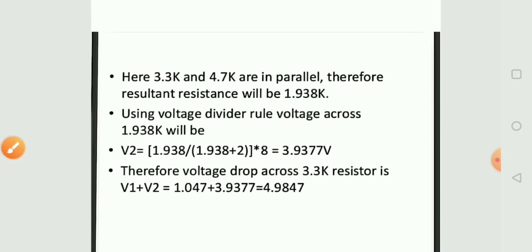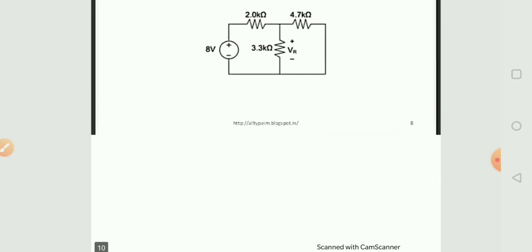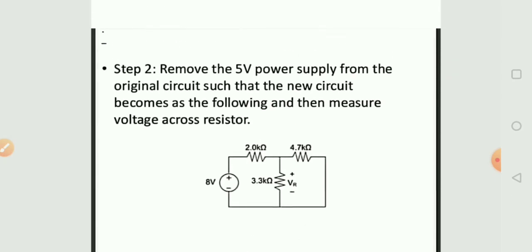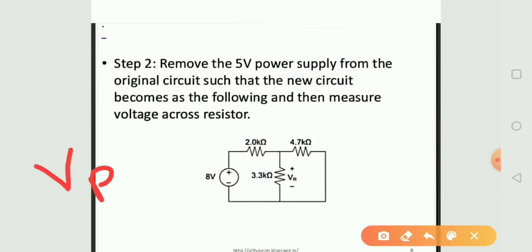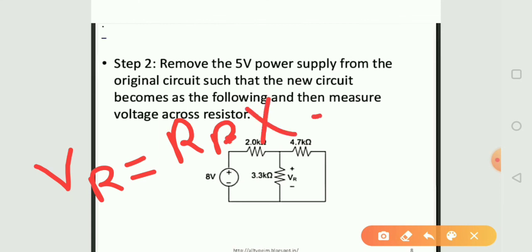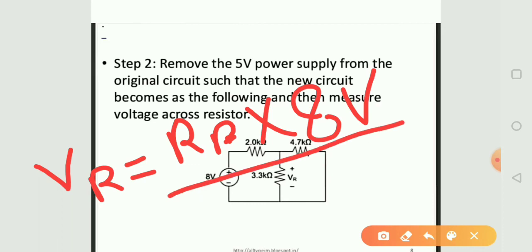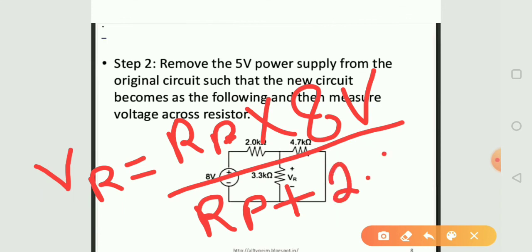Using the voltage divider rule for this branch, the value of VR equals the parallel resistance across 3.3 kilo ohm and 7.7 kilo ohm, multiplied by the 8 volt source, upon the parallel resistance plus the resistance in series with this, which is 2.0 kilo ohm.